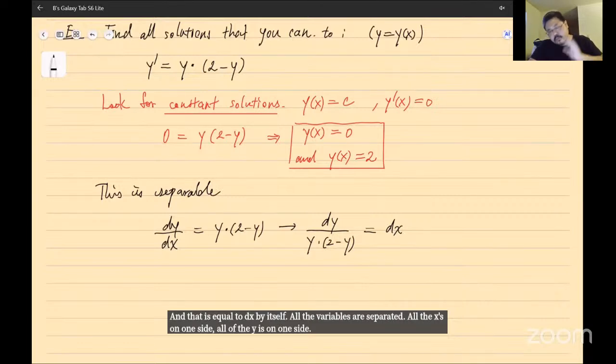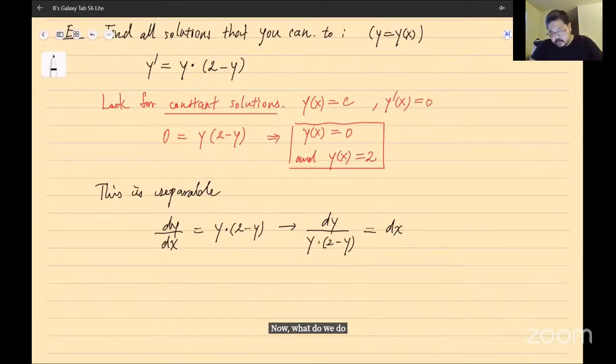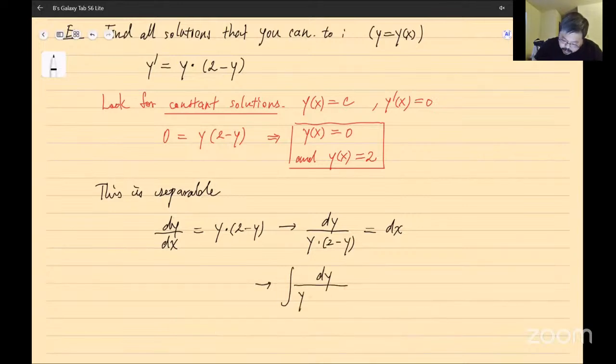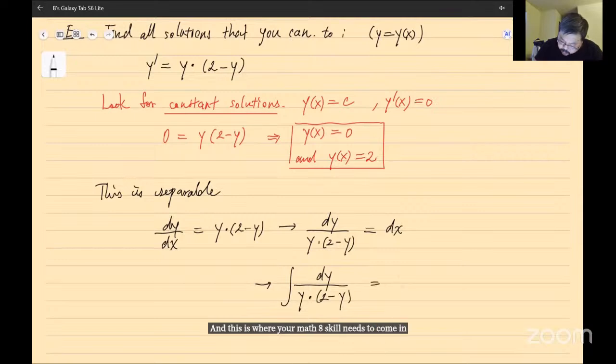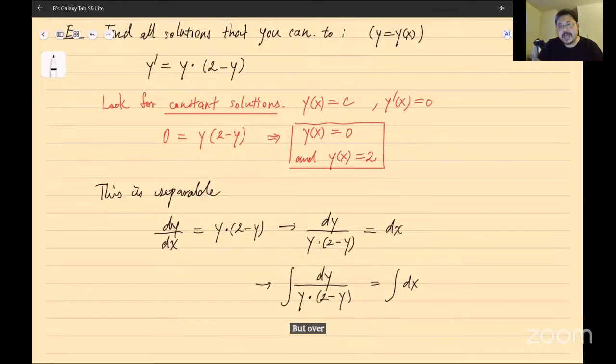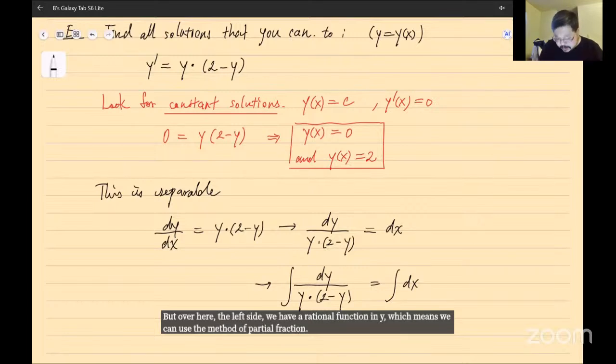Now, what do we do with these differential forms? Well, they are to be integrated, right? So we integrate both sides. And this is where your Math 8 skill needs to come in, and you need to take some time to review some Math 8. Over here, on the left side, we have a rational function in y, which means we can use the method of partial fractions to resolve this integral.